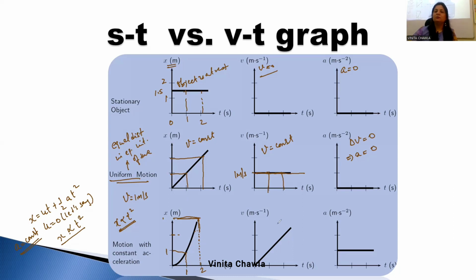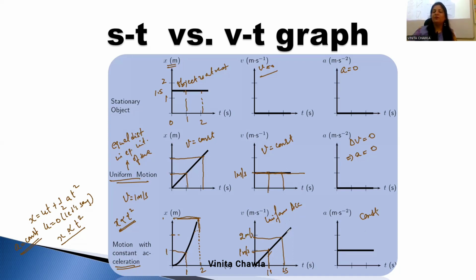And here, because object is moving with constant acceleration, so it is uniform acceleration. So in uniform acceleration, we have equal change in velocity in equal intervals of time. है ना? And therefore the graph is like this. And because acceleration constant है, इसलिए अगर यहाँ पे velocity 1 meter per second है, यहाँ पे 2 meter per second है, 1 second, 2 second.